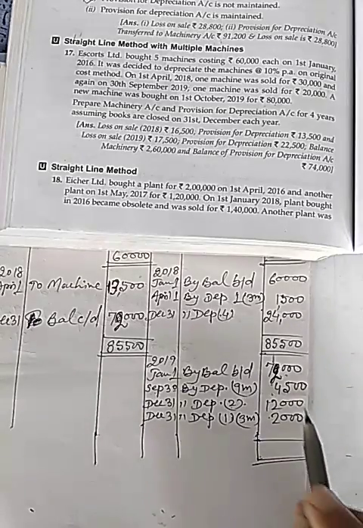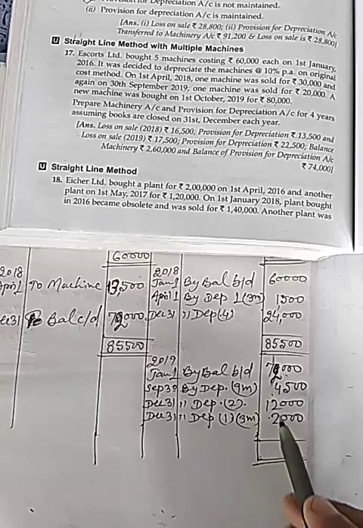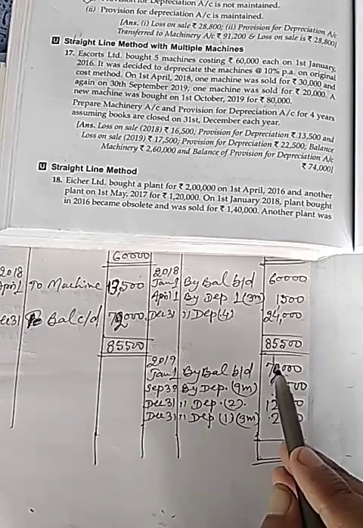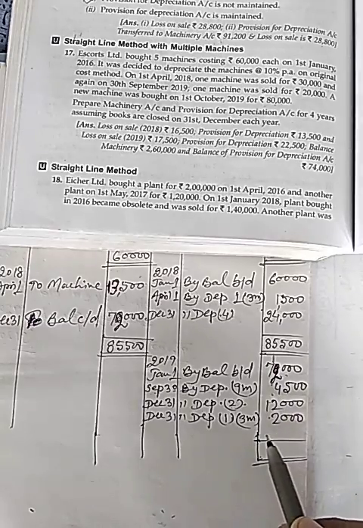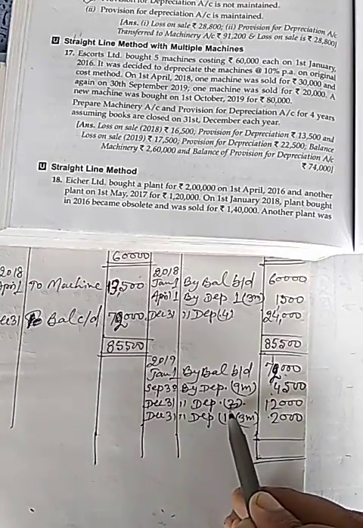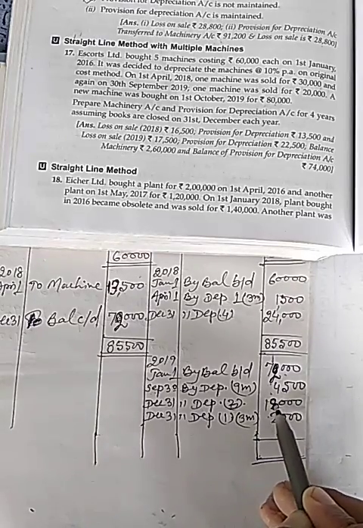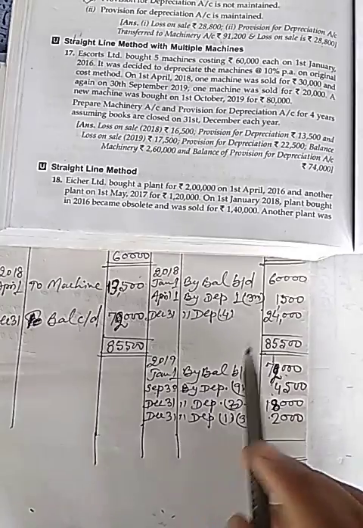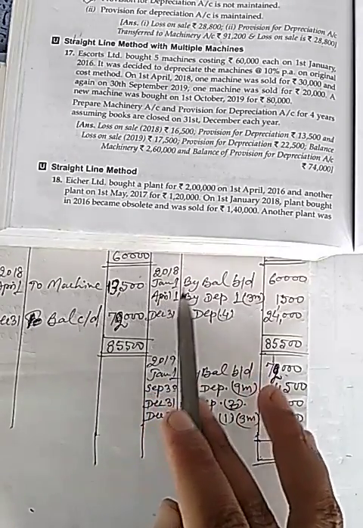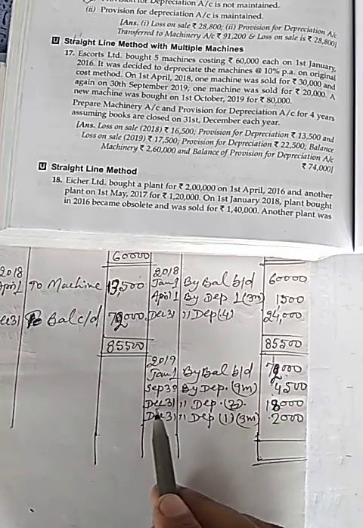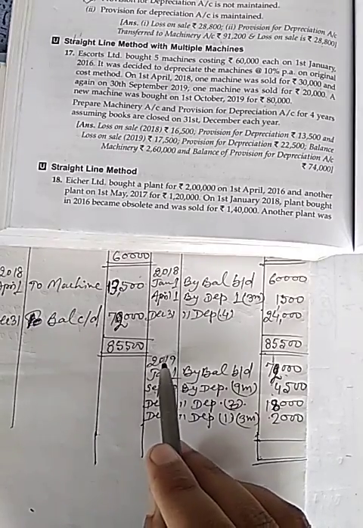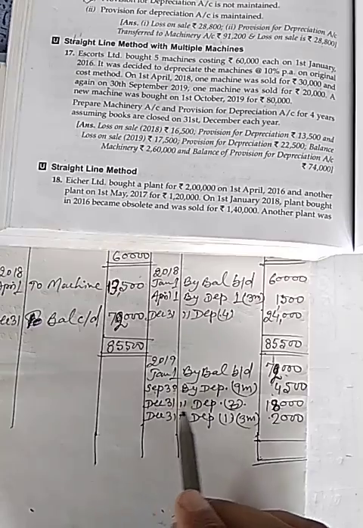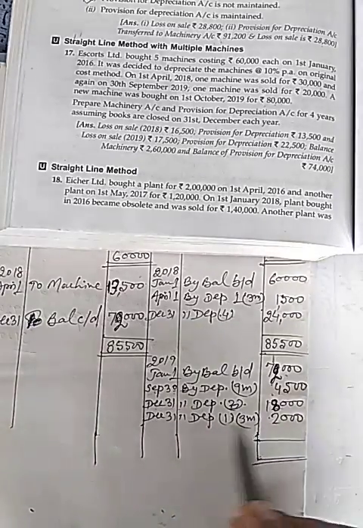Now the total balance of the provision for depreciation account will be, sorry student, we have 3 machines left, so it will be 18,000, because out of 5 machines, 1 machine was sold on 1st April 2018, the second machine was sold on 30th September 2019, and we have 3 machines and 1 new machine.